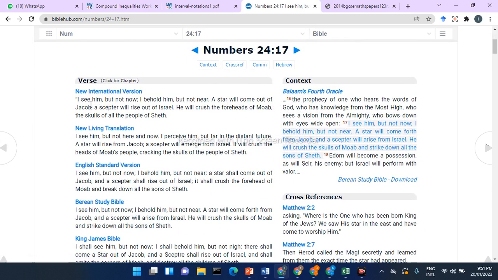Let's read the NIV. It says, "I see him, but not now; I behold him, but not near. A star will come out of Jacob; a scepter will rise out of Israel. He will crush the foreheads of Moab and the skulls of all the people of Sheth." That's how one version reads it.